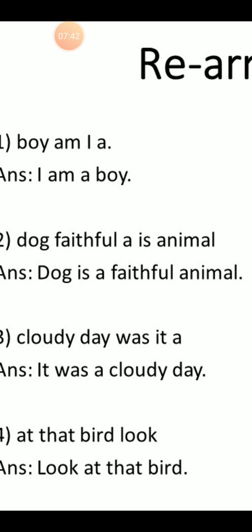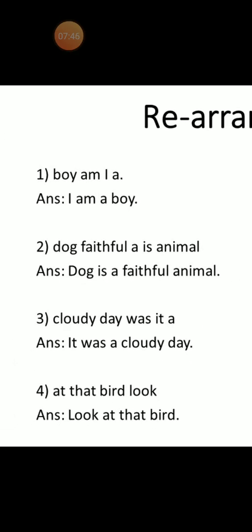There is a capital letter in the front and a full stop at the end of the sentence. Number 3. Cloudy, day, was, it, a. So, how can we start this? It was a cloudy day. Again, it finishes with a full stop and starts with a capital letter.